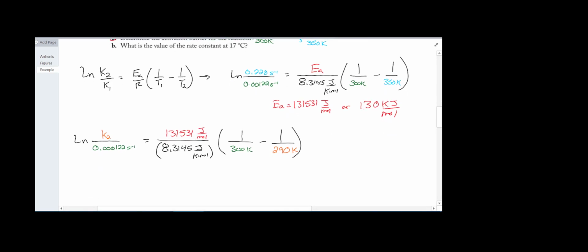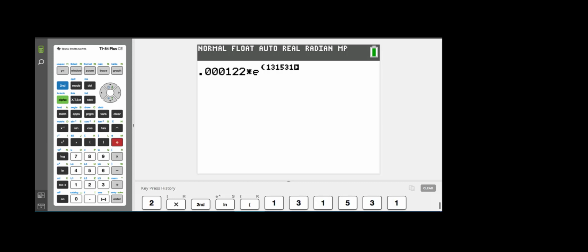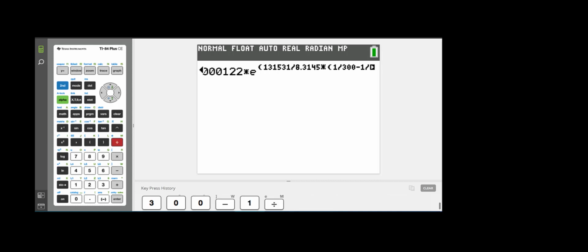Okay, how do I put this in my calculator? 0.00122 times the second natural log, right? E to the, open my parentheses, 131,531 divided by 8.3145 times 1 divided by 300 minus 1 divided by 290.